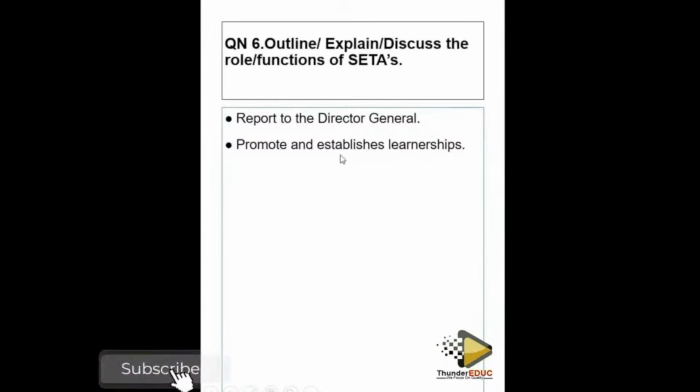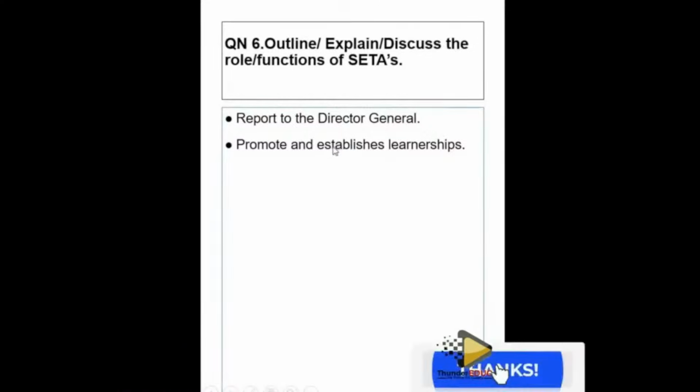Moving on to another aspect, SETA's function also is to promote and establish learnerships, meaning they promote and they start learnerships. The business only submits the skills plans to SETA. SETA is the one that is going to establish these learnerships and make sure that they promote them.